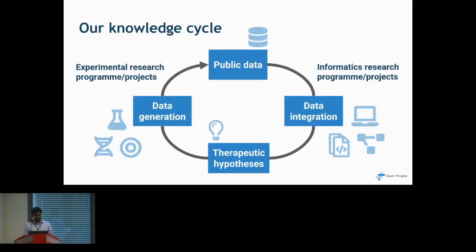So to understand our knowledge cycle, the informatics portal projects take in the public data to enable researchers to build hypotheses. And this data can be accessed in different ways to test these hypotheses. Following on from this, our experimental program takes in those hypotheses to the bench and generates new ideas.